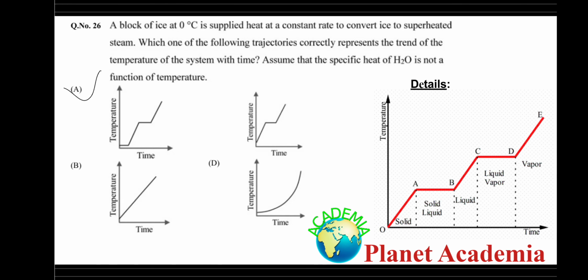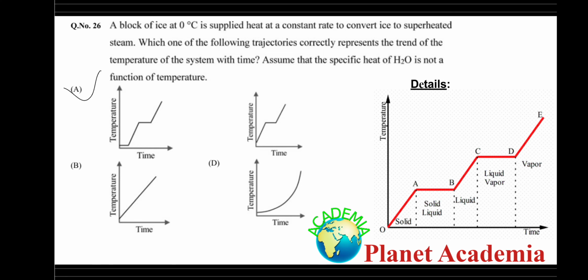Now go to the next question. A block of ice at 0 degrees Celsius is supplied heat at a constant rate to convert ice to superheated steam. So ice to liquid, liquid to vapor, and the vapor is again heated so that the temperature rises.